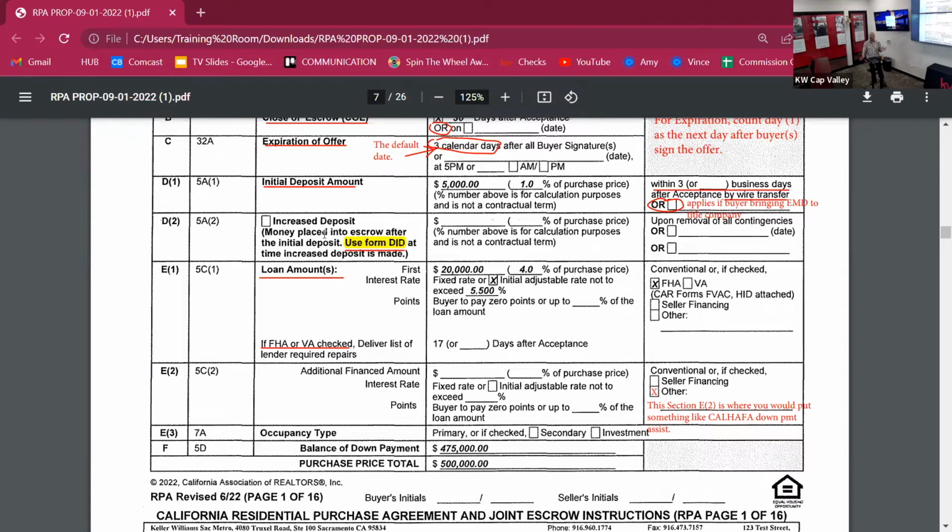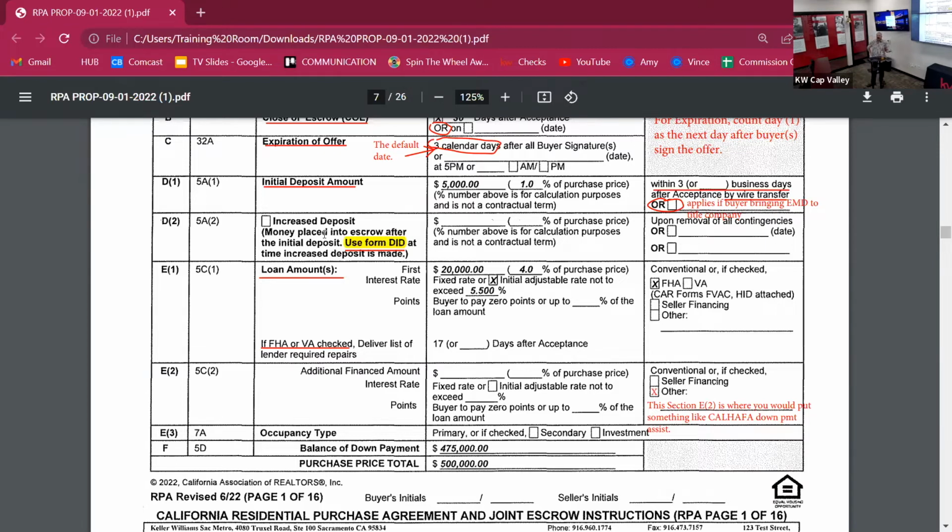Okay, that's all well and good, and you're saying, yeah, I'm keeping this deal together. And the seller's saying, yeah, I'm going to get more money. I'm covered now. I'm protected. Here's the rub. There's a form, and I highlighted it there. It's called a DID.